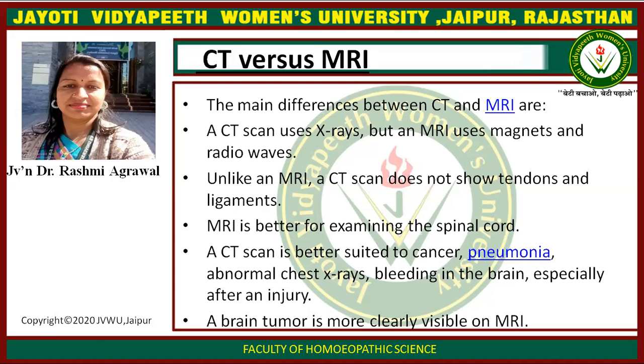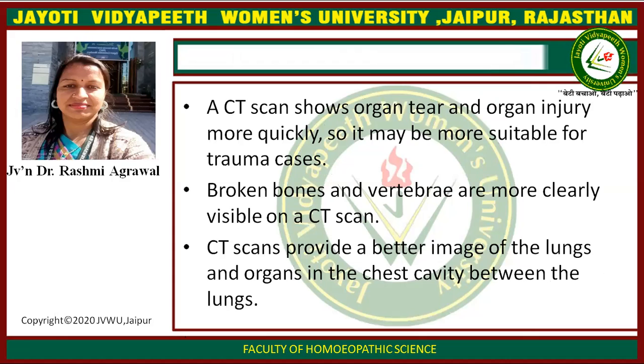MRI is better for examining the spinal cord. CT scan is better suited to cancer, pneumonia, abnormal chest X-ray, and bleeding in the brain, especially after an injury. These are very helpful for your practice. A brain tumor is more clearly visible on MRI. CT scan shows organ tear and organ injury more quickly, so it may be more suitable for trauma cases.